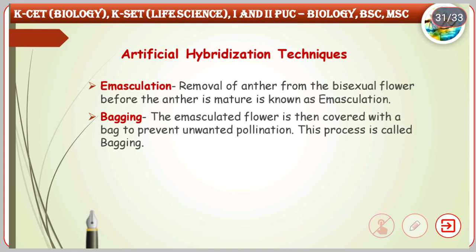Unwanted pollen grains should not be seated on an unknown stigma. To prevent this, the bagging technique is used, where a cover is closed over the flower so that unwanted pollen grains cannot fall onto the stigma. This process is called bagging.